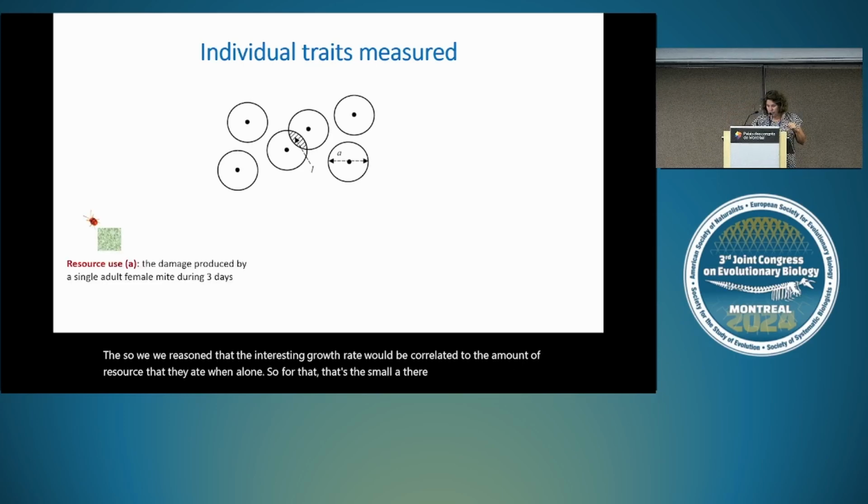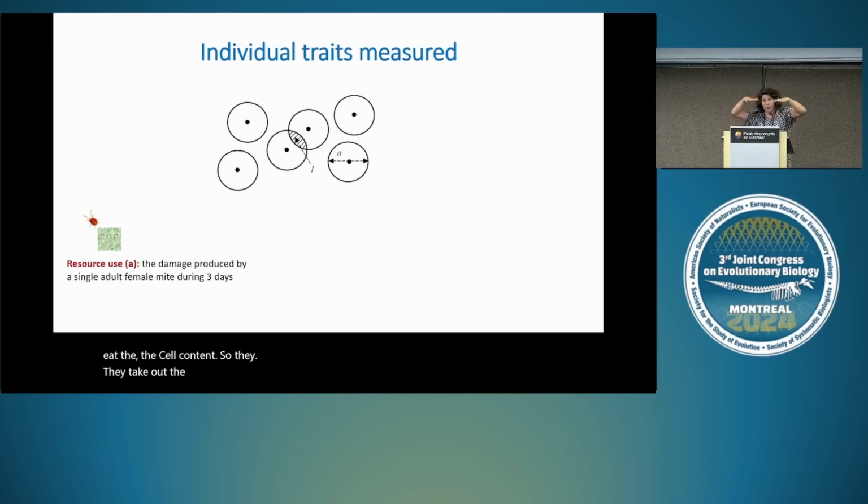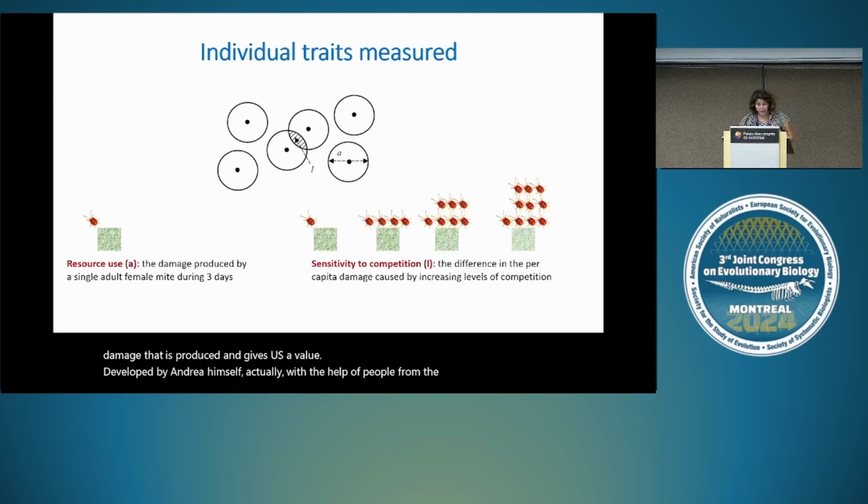And for that, what we did is that we placed a mite on a leaf disc, and then we measured the damage that is produced on the plant, because spider mites produce very specific damage. They eat the cell content, so they take out the chlorophyll. So we have developed a method that really reads the damage that is produced and gives us a value. Developed by André himself, actually, with the help of people from the microscope department.